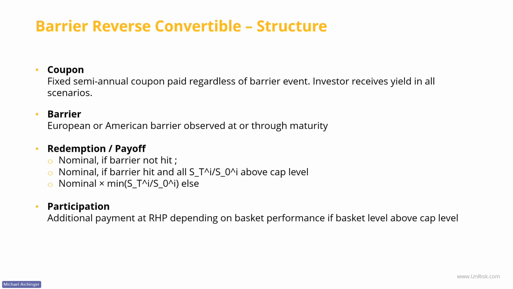So there's an additional payment at the recommended holding period, which is the expiry date of the instrument, depending on the basket performance itself. So whereas the cap level is taken into account for each underlying equity individually, there is also a participation on the performance of the whole basket itself.